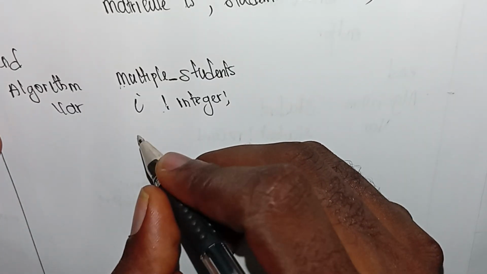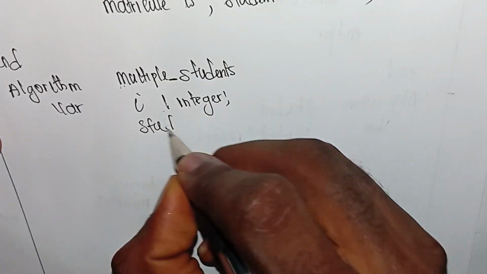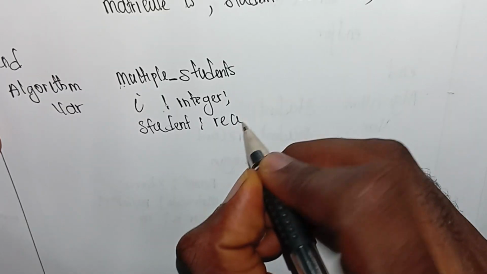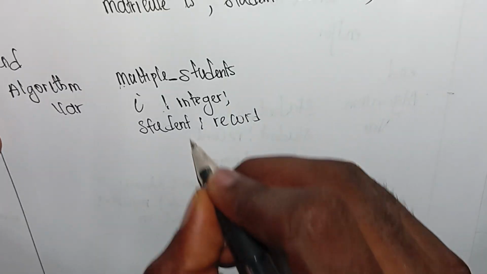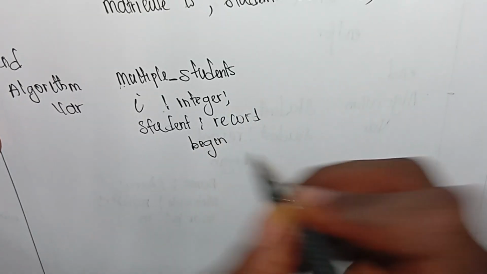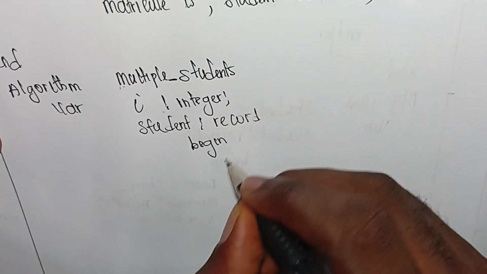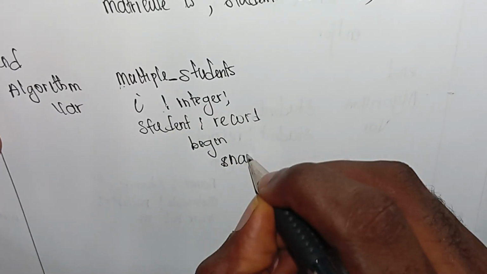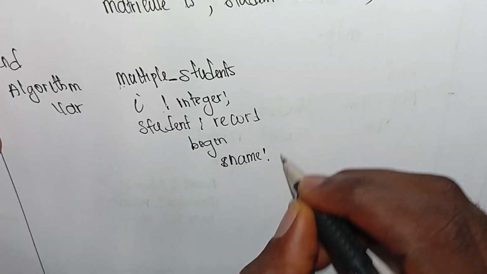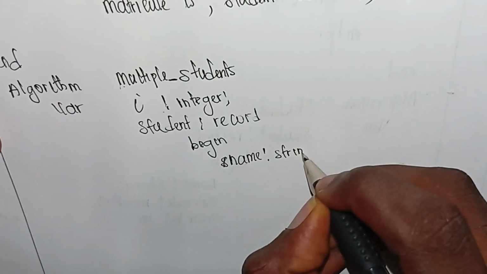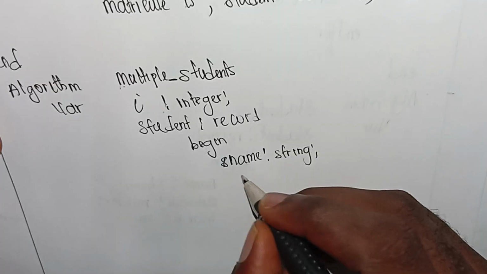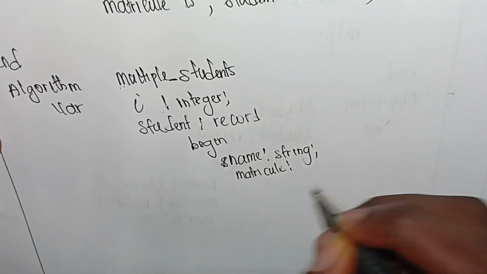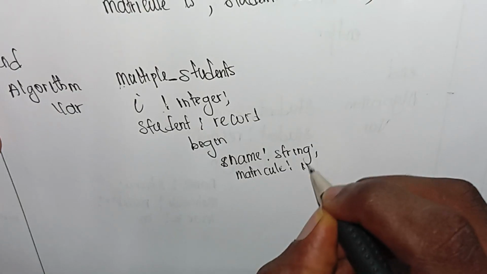The next variable will be student, and begin, just like we defined it above. We're going to have name, data type string. We are going to have matricule, data type integer.